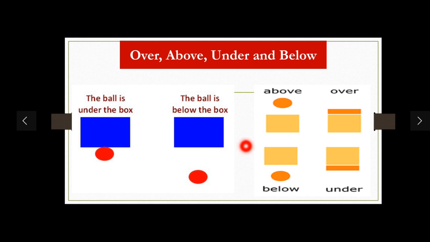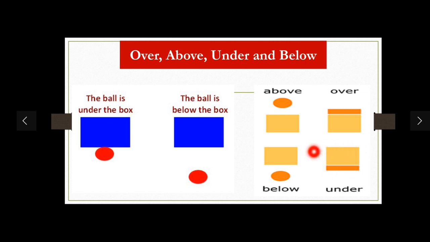The same example here we have for above. Above, you can see that there is space between the box and the ball. And over, there is no space between this box and this other thing. You can see that is over and that is above. And here we have below, there is space between this box and the ball. And here we have under, there is no space between this box and this thing.